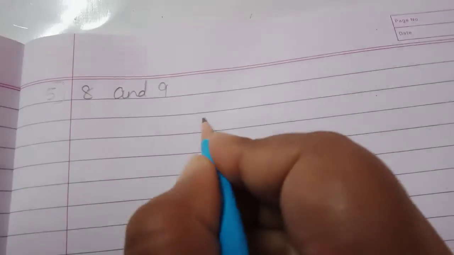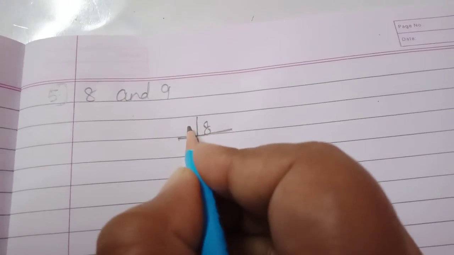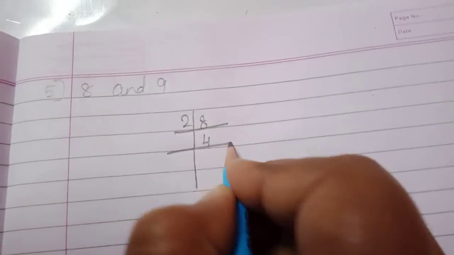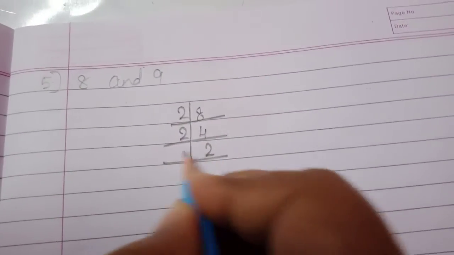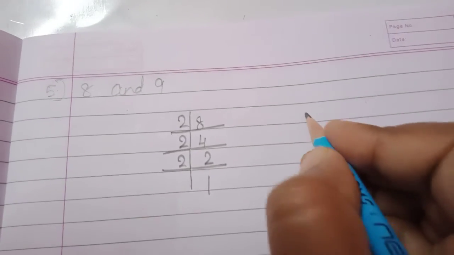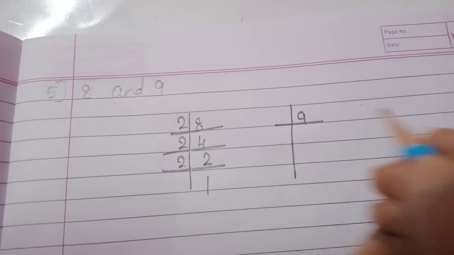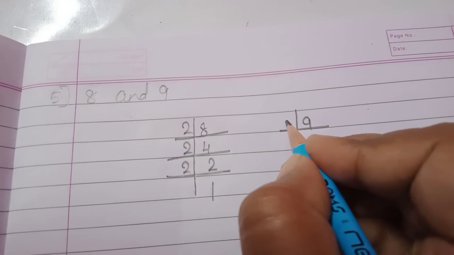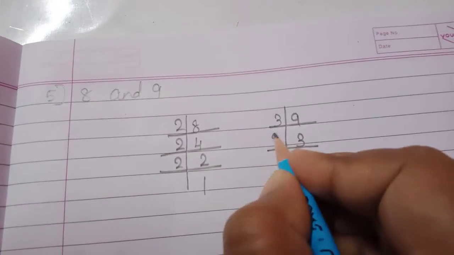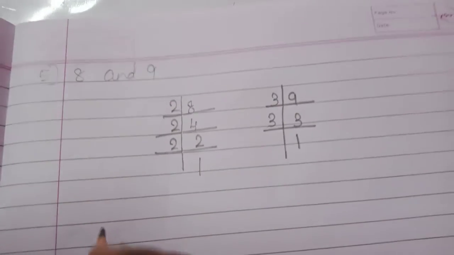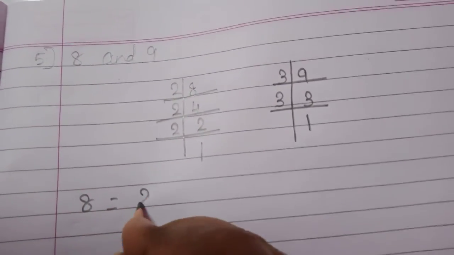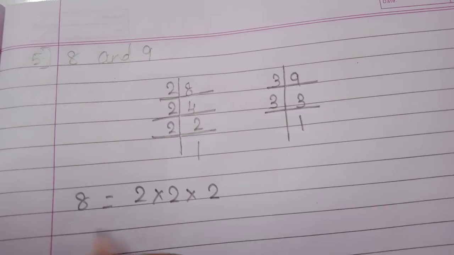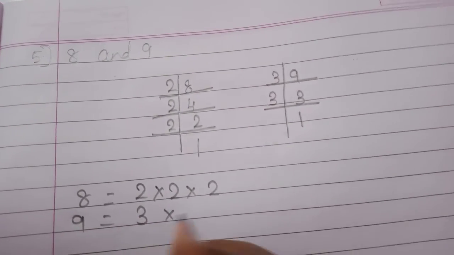Now number 5, 8 and 9. So we have to take out first prime factorization for 8. In 2 table 8 will come? Yes. 2 4s are 8. Then 2 2s are 4. Then 2 1s are 2. Now for 9. 9 will not come in 2 table. It will come in 3 table. So 3 3s are 9. Then 3 1s are 3. So now we have to write the factors for 8: 2 multiplied by 2 multiplied by 2. For 9, 3 multiplied by 3.